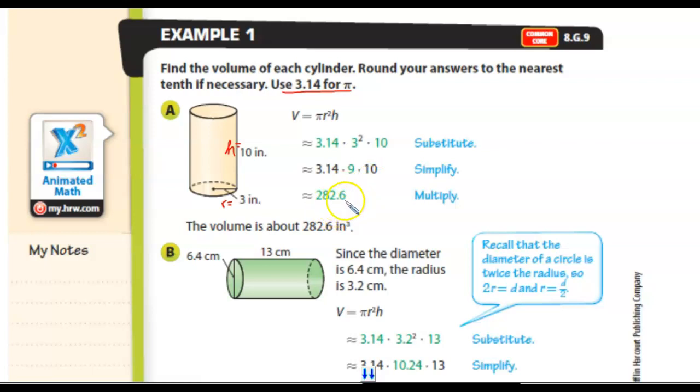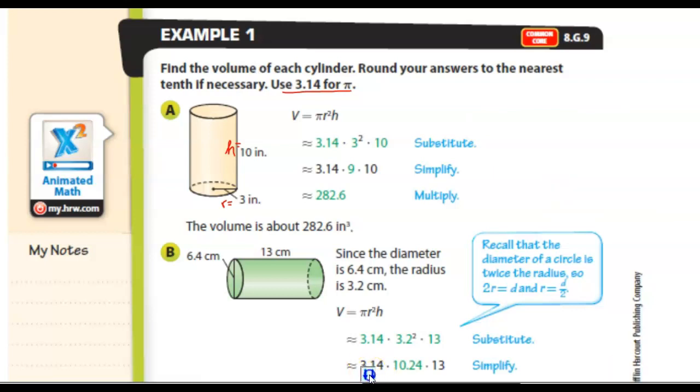And they would have rounded, because if I take 3.14 times 9 times 10, I get exactly 282.6. By using this for pi, there's less rounding, but always make sure that when you're looking to round, that you're rounding to the nearest tenth.